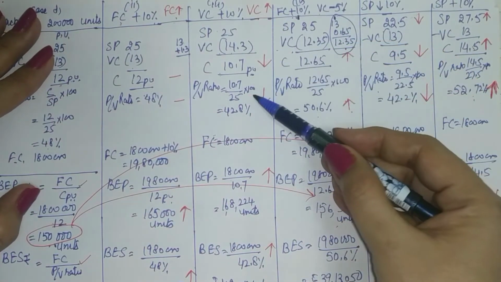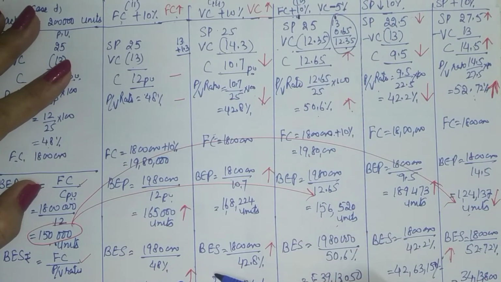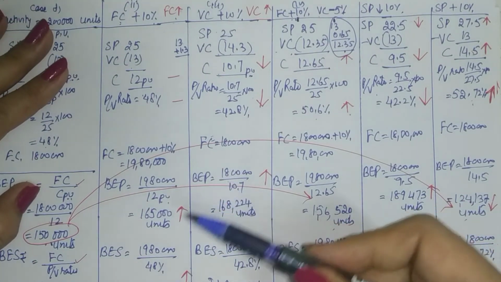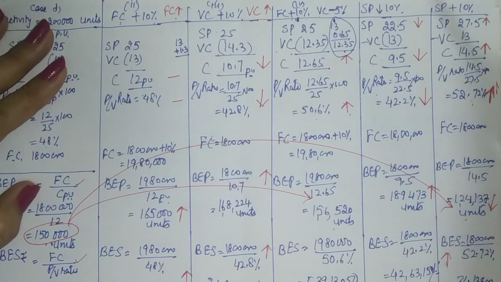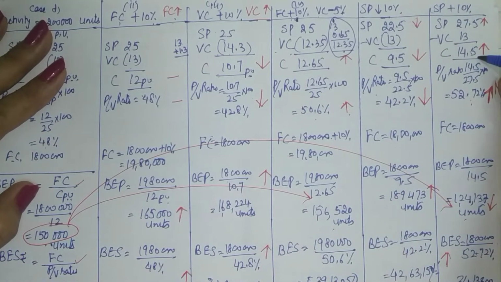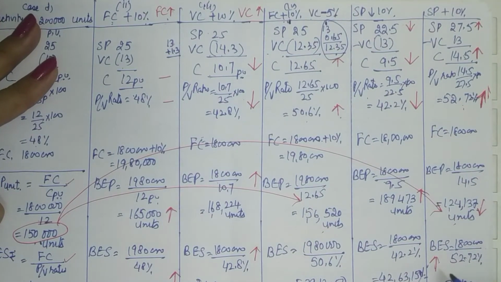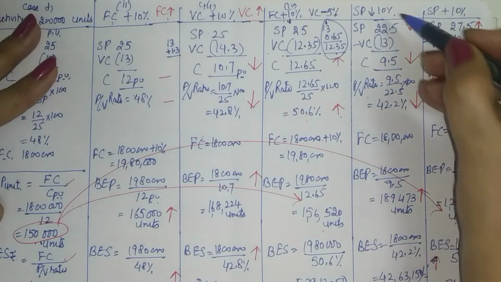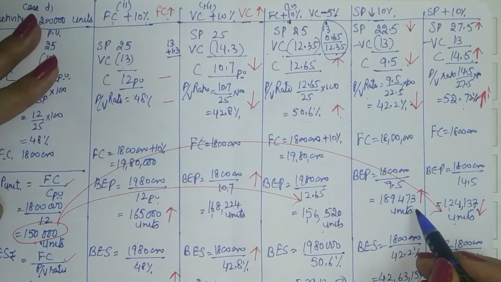Reduction in cost will improve contribution and PV ratio and it will improve your break-even point and break-even sales, because then the value will reduce. Okay, break-even point, when it reduces, it is good for the company. Then if selling price increases, our contribution and PV ratio will improve and our break-even point will also improve, which in this case implies a reduction, right? And when selling price reduces, contribution and PV ratio reduce and our break-even point deteriorates.